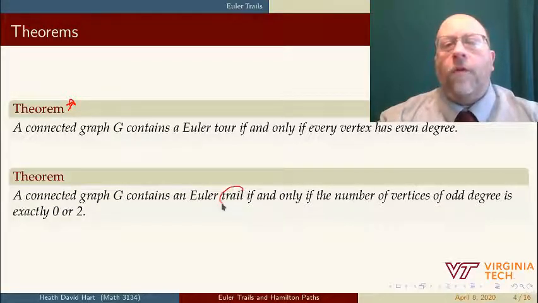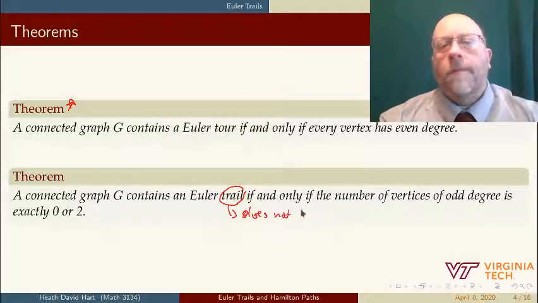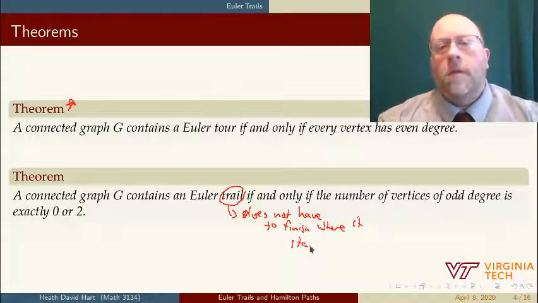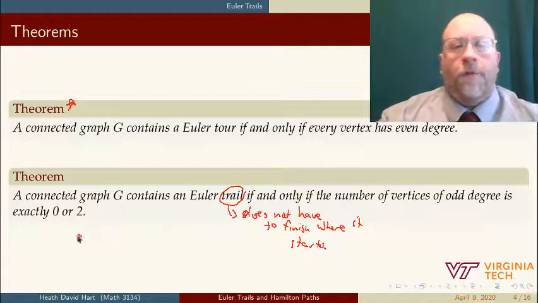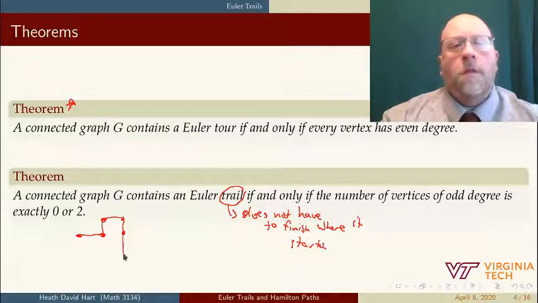A trail is different from a tour. It does not have to finish where it starts. For example, this graph here has an Euler trail.